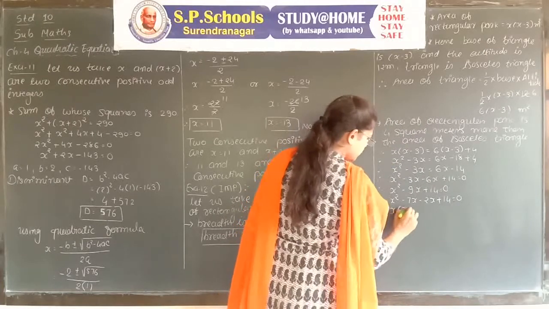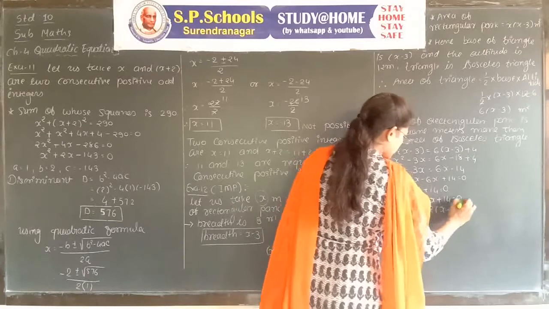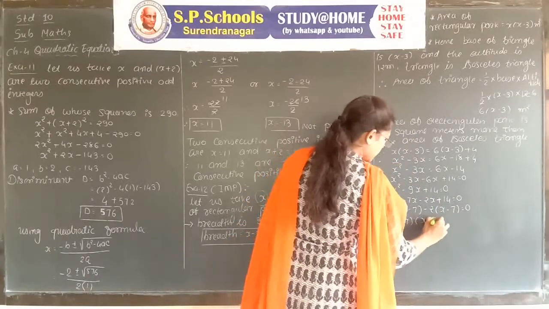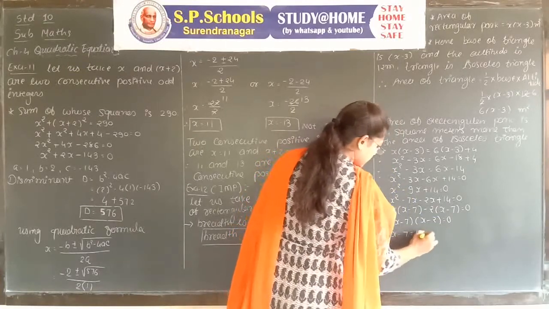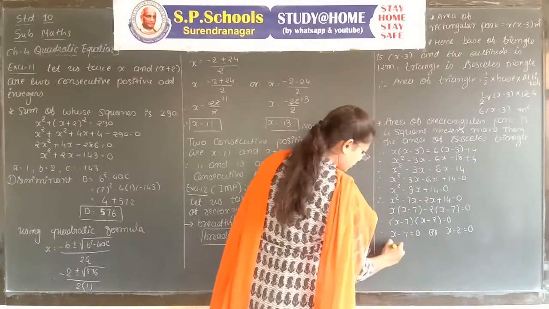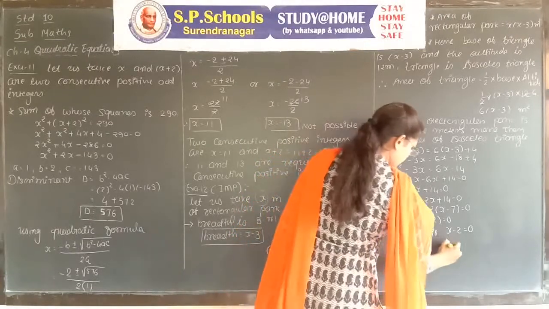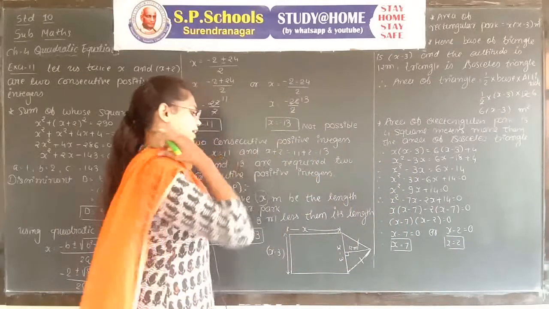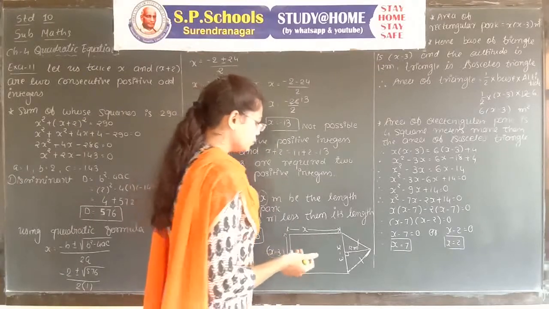Therefore, x is common: x into x minus 7 minus 2 into x minus 7 is equal to 0. Therefore, x minus 7 in one bracket, x minus 2 in another bracket, is equal to 0. Therefore, x minus 7 is equal to 0 or x minus 2 is equal to 0. On comparing both with 0, we get x is equal to 7 and x is equal to 2. Here two values of x are obtained: one is 7 and another is 2.